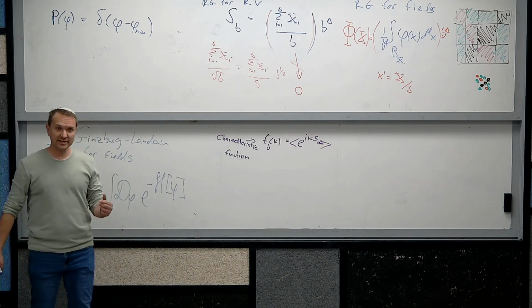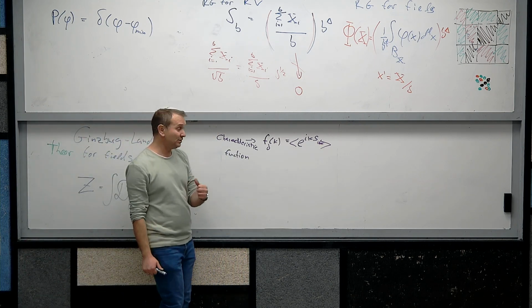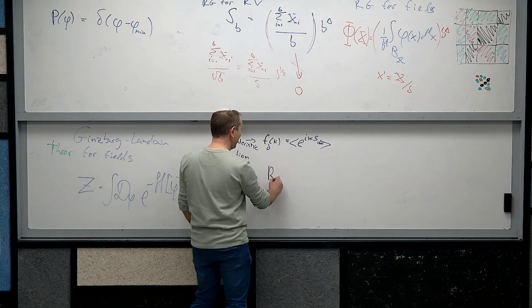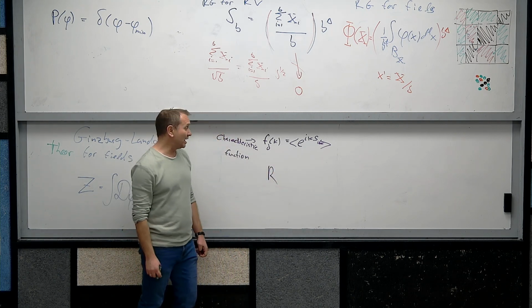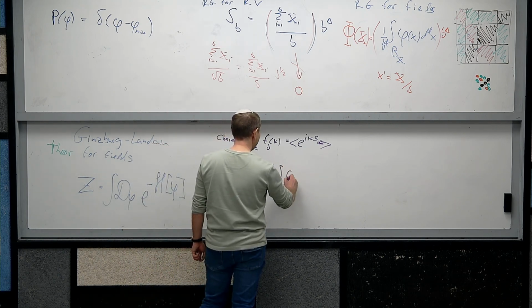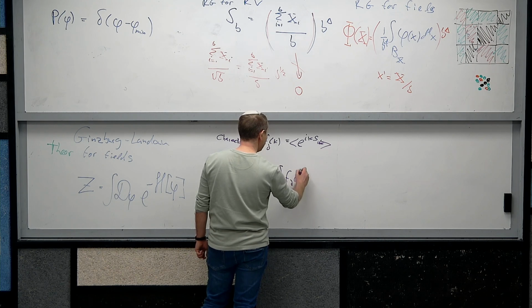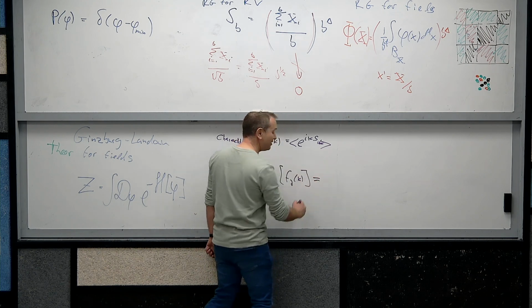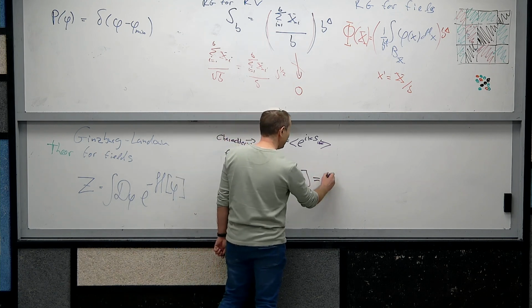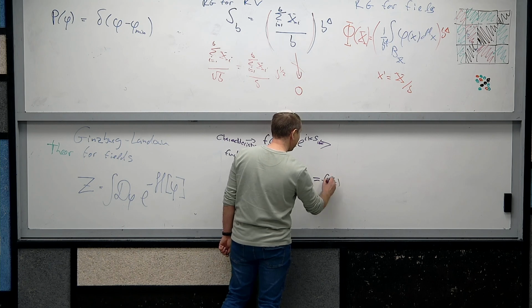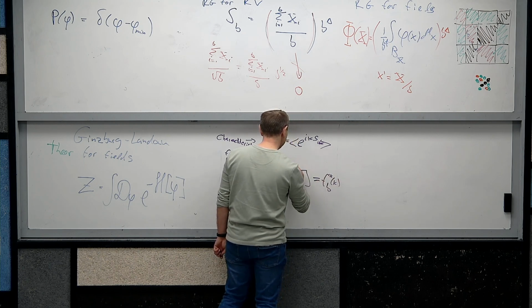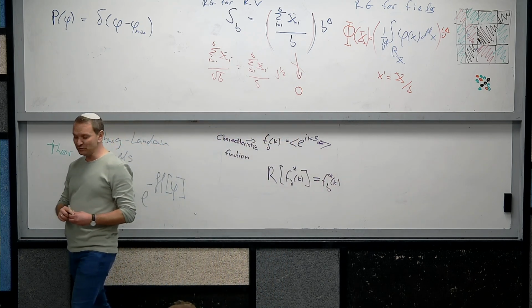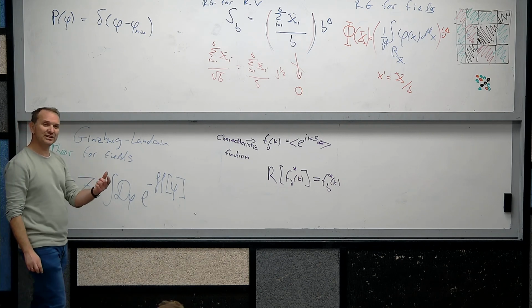Okay, and the idea of RG is that you apply your RG step on f_b of k, and eventually you get f of k. Right? So you're getting a self-similarity for the characteristic function.